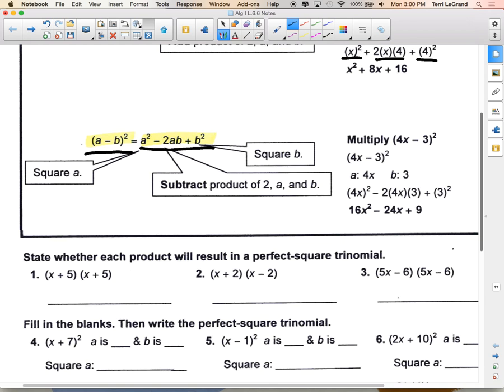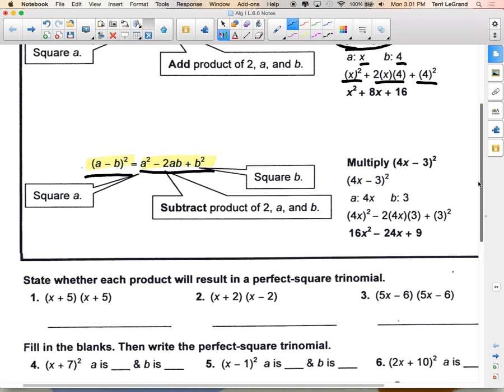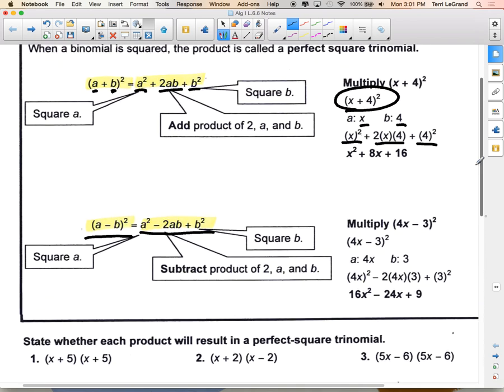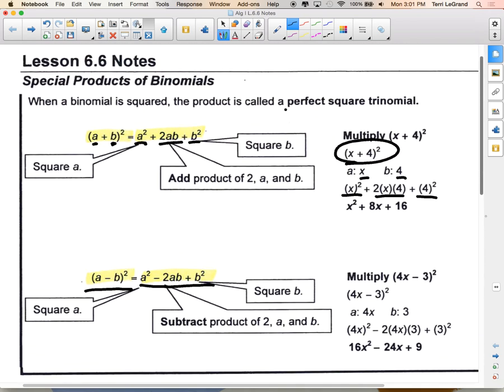A squared, take the first term times itself, double the first term times the last term, and subtract that, and then add the last term squared. 3 multiplications again. These are called perfect square trinomials. You might want to highlight that too. Perfect square trinomials, we call these.